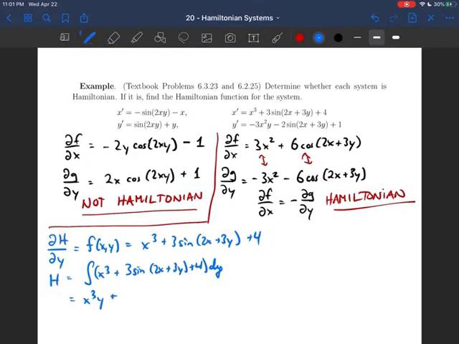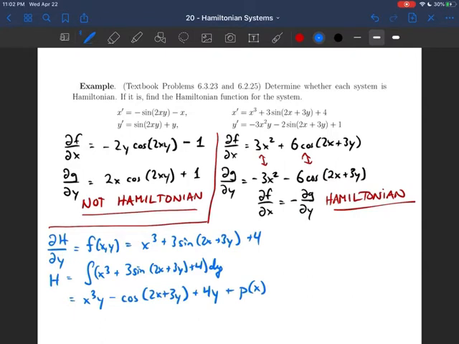So that means that h will be equal to the antiderivative of that function with respect to y. And that will be x cubed y minus cosine of 2x plus 3y plus 4y.